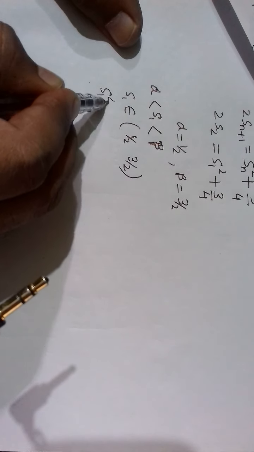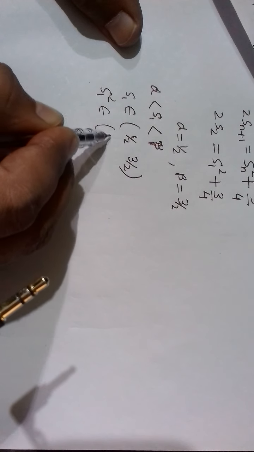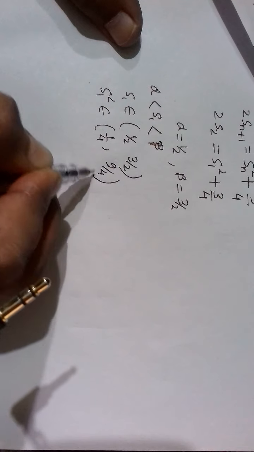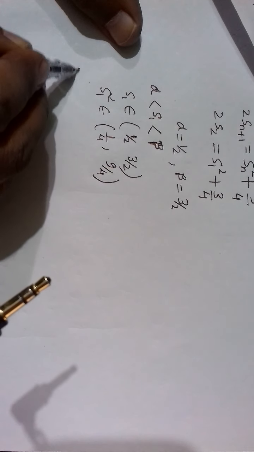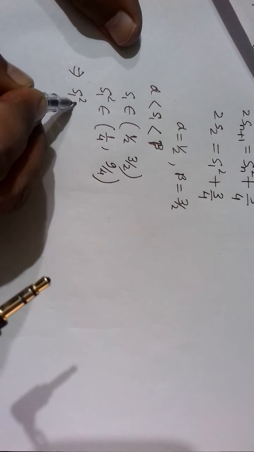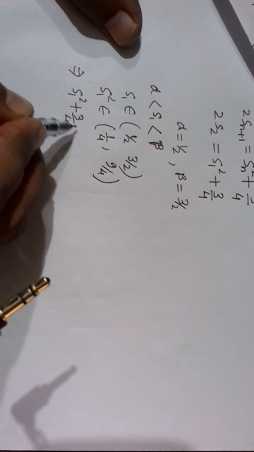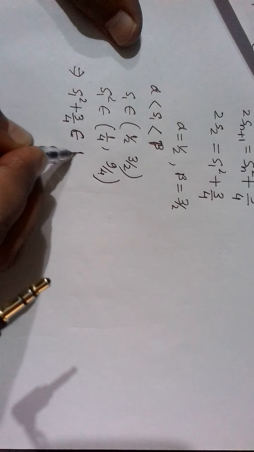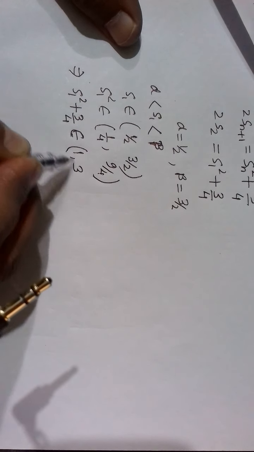So S1 square will lie in 1 by 4 to 9 by 4. Now S1 square plus 3 by 4, adding 3 by 4 in both, we have 1, 3.